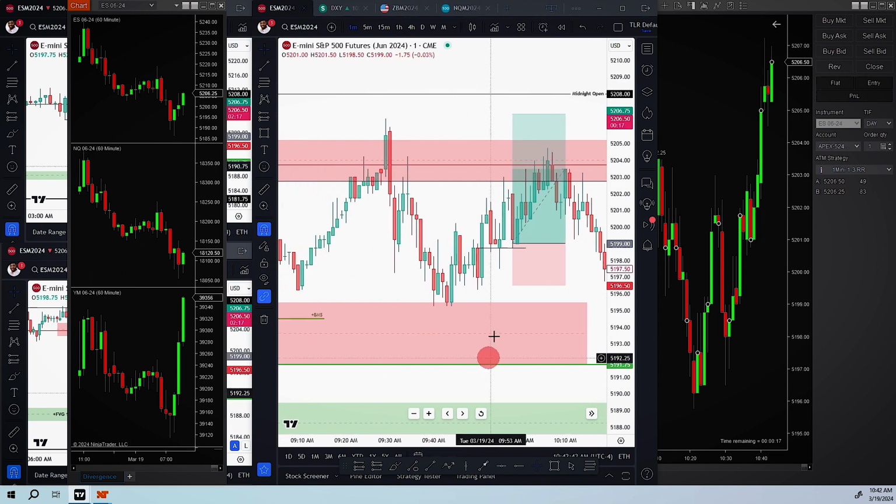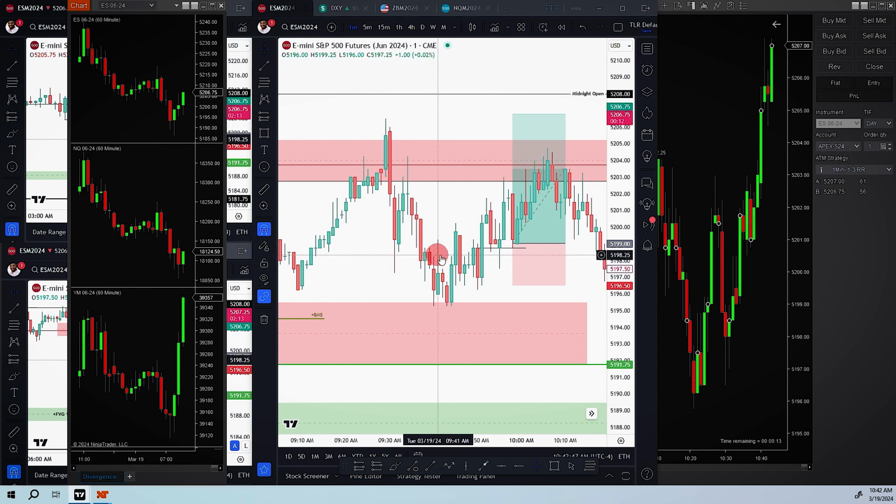So based off of everything that we were just saying, because of the order blocks, we came down to the order block where we anticipated it to act as support. We pushed up, right? This down close candle right here sparked buying, right?